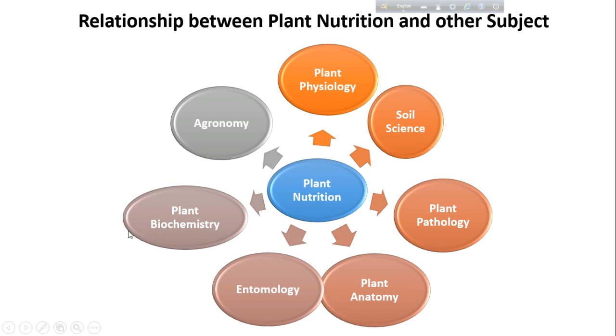And then plant biochemistry, the biochemical process of the plant tissue and cell, which is more related to plant nutrition. And then plant anatomy, that means the gross internal structure of the plant body. And another two aspects are plant protection, that means plant pathology and entomology, that means the infestation of diseases and pests are very much related to plant nutrition or nutrient elements present in the plant body.